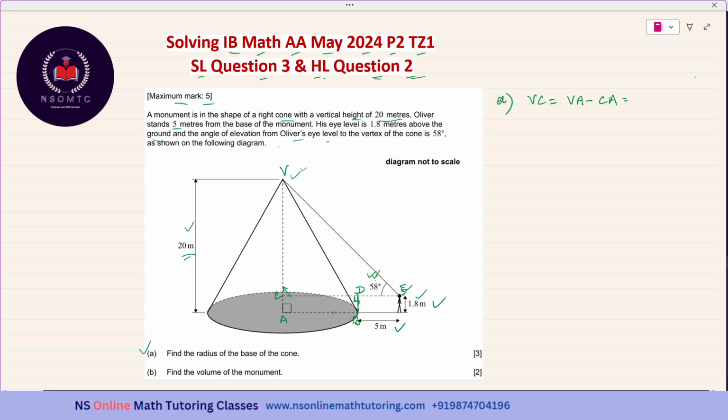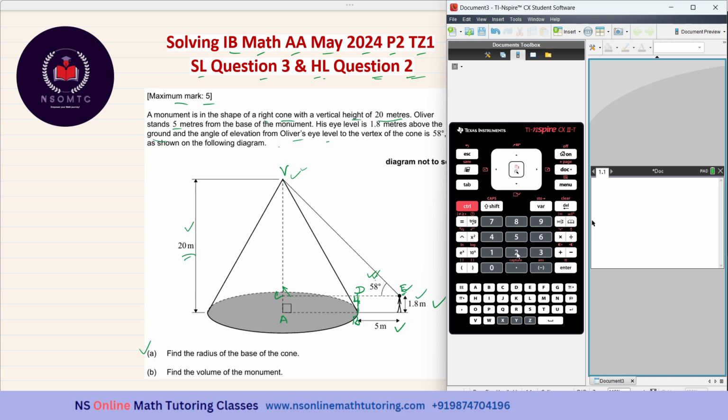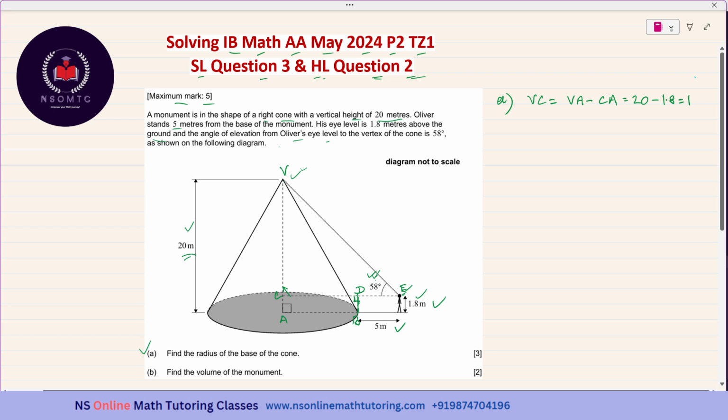which is equal to 20 minus 1.8. This is paper 2, I can use the calculator. So 20 minus 1.8 is equal to 18.2 meters. So I will be finding the length of CE.